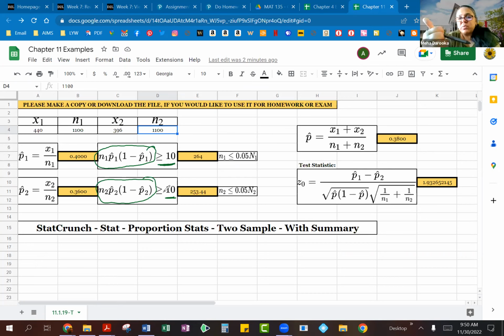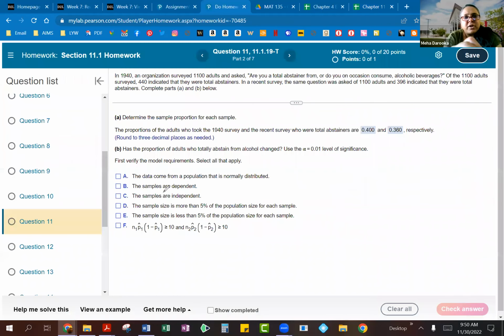Of course, we also want to make sure our sample size is going to be less than 5% of the population size. And for the most part, that's an assumption we are willing to make, because, if we are talking about the population of United States, we know we have more than 1,100 people in the entire population.